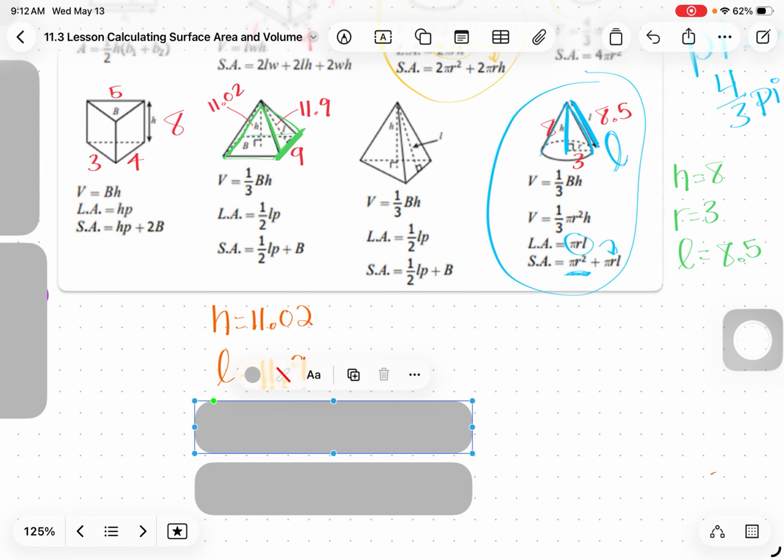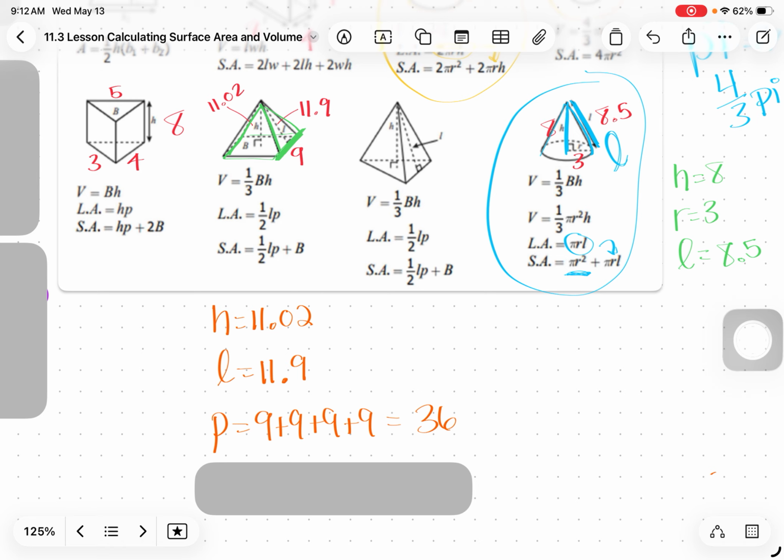And so little p is the perimeter of that rectangle or that square. In this case, it's a square. I made it a square, so all of the sides of that base are 9. The perimeter is the distance around, so I add those sides together to get the perimeter to be 36.